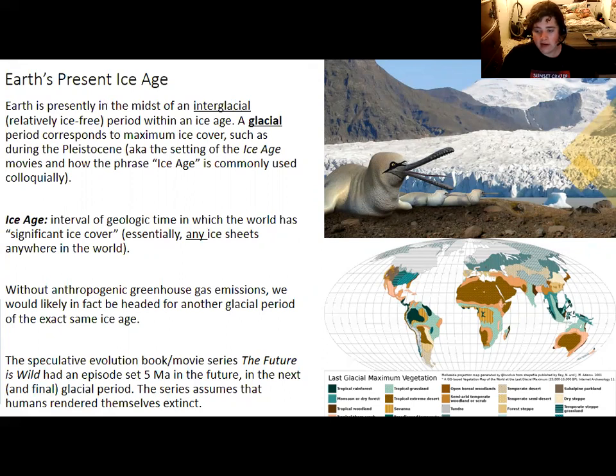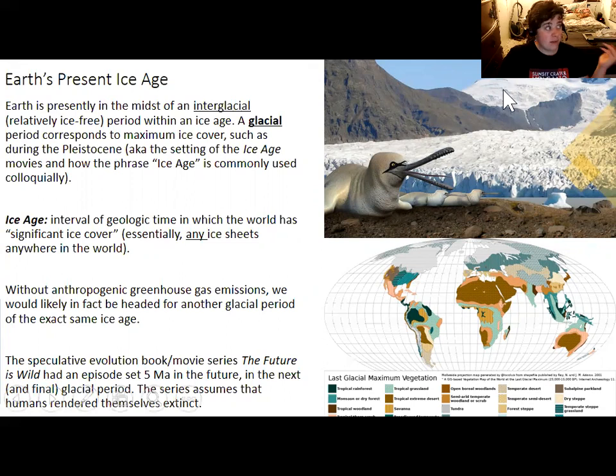An interglacial period is not the absence of ice or a period outside of the Ice Age, and one great irony is that without human-caused or anthropogenic greenhouse gas emissions, we would likely be headed towards another glacial period of the exact same Ice Age, and that would happen quite soon, geologically speaking.